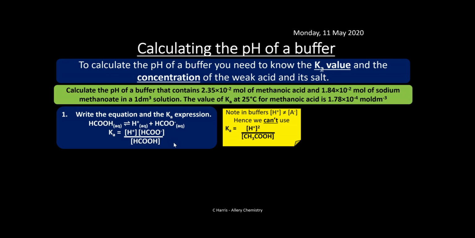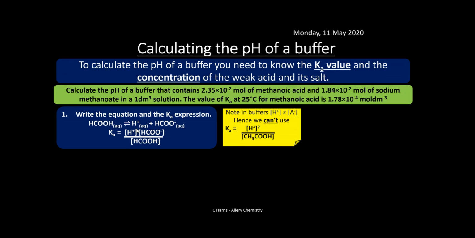Notice in buffers, as I said earlier, we don't say that the concentration of H plus equals the concentration of A minus, like what we do to calculate the pH of a weak acid. So we can't use this equation here. Effectively, we're using the old equation where we still have the dissociated product of our acid in there.